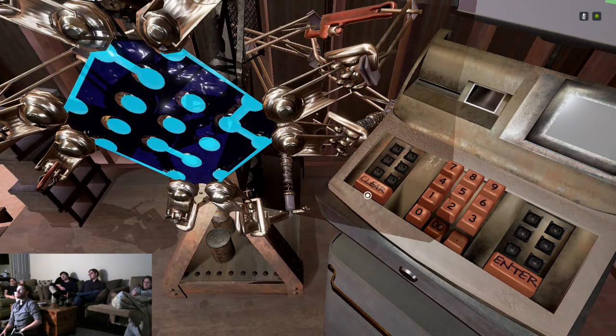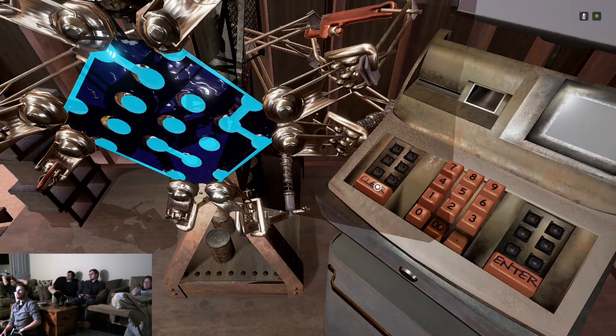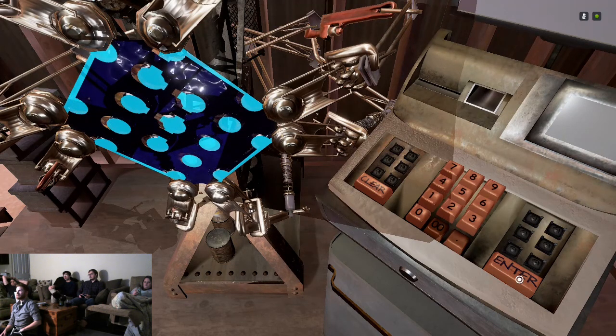Okay. So I think the outer dots go up exponentially from top left and then clockwise. Like for instance, top left is 4, but then top right is like 16. 7. Top right is 7. Okay, so try typing in 11 and seeing what happens. No.